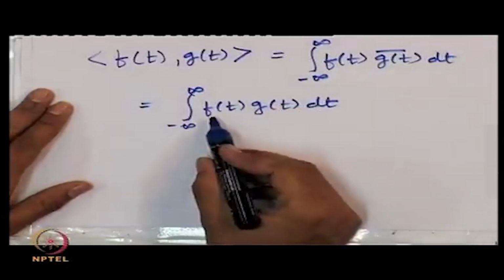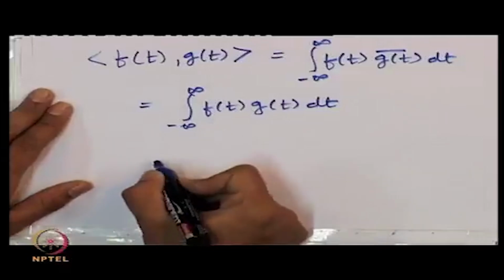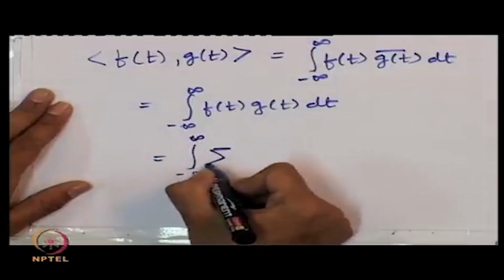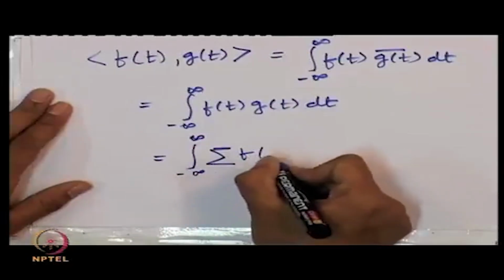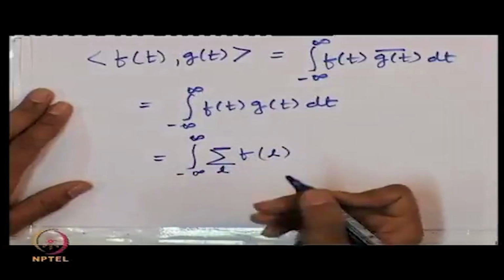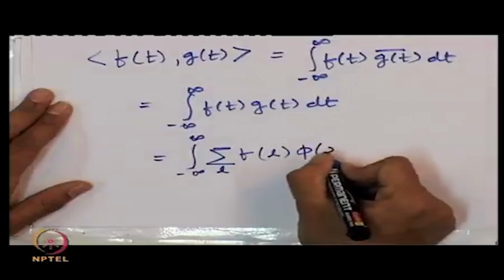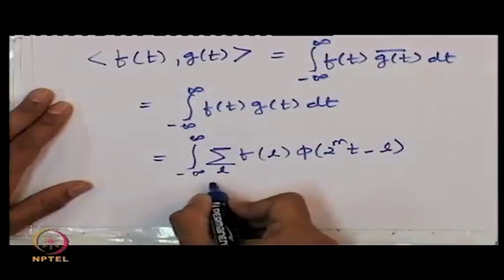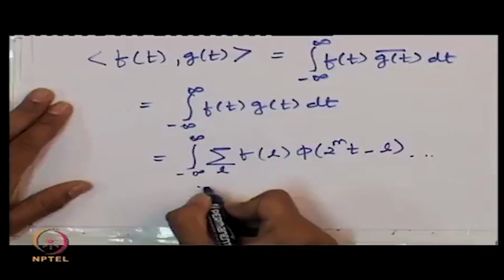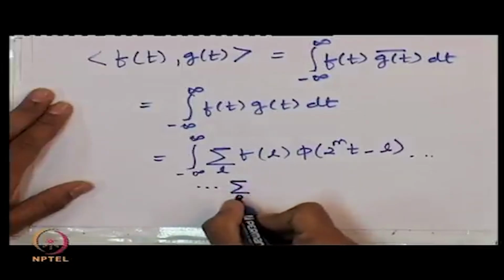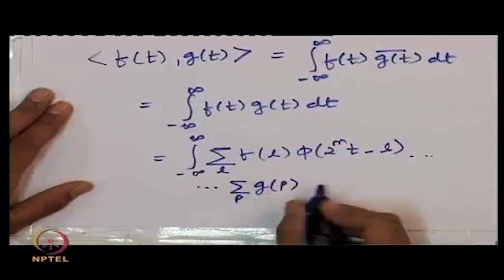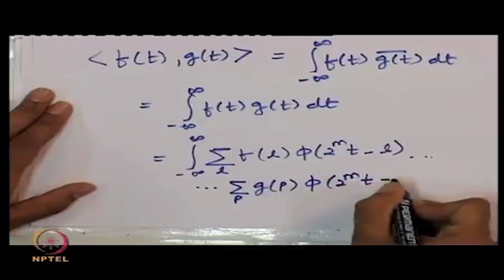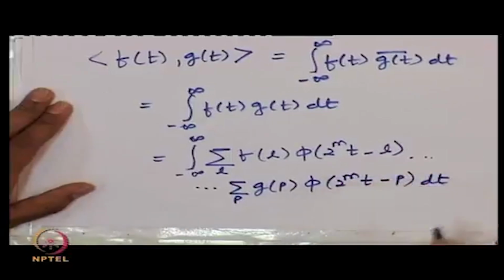We will try to substitute Ft and Gt in terms of their basis functions: sigma Fl phi 2 raised to m t minus L, where L is some dummy variable, and sigma Gp phi 2 raised to m t minus p, dt.